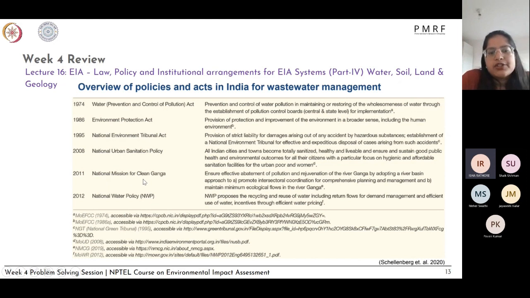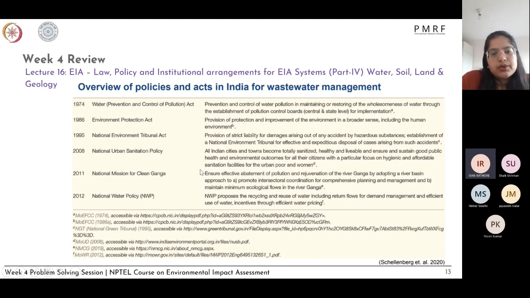And then we have the National Mission for Clean Ganga. This is to reduce the pollution of the river Ganga and to rejuvenate the river by adopting a river basin approach, that is, to promote intersectoral coordination for comprehensive planning and management of effluents being discharged in the river, and then to maintain a minimum ecological flow in the river Ganga.